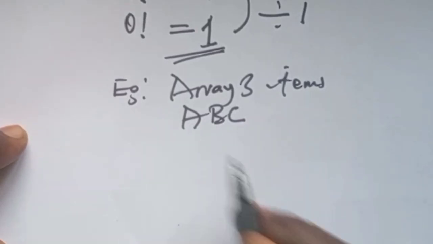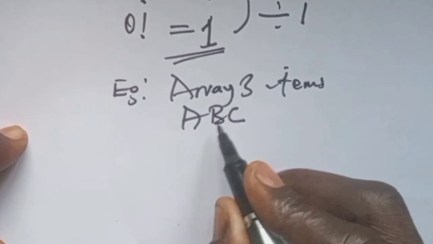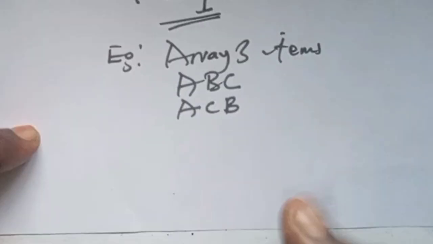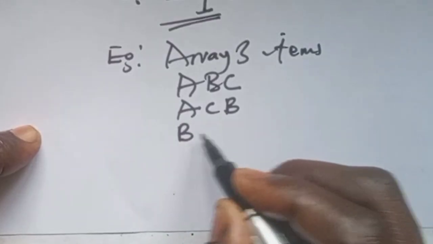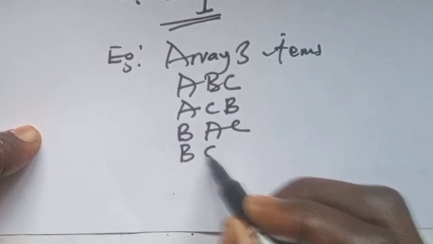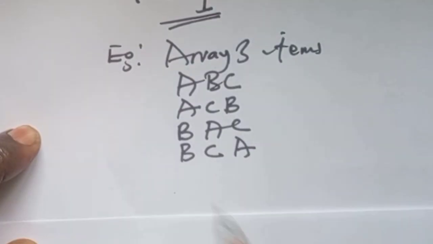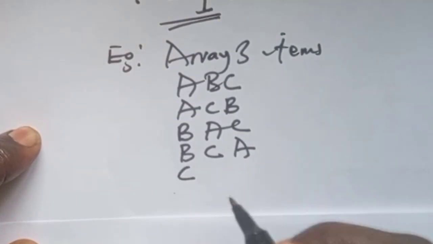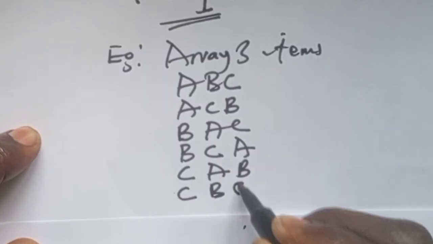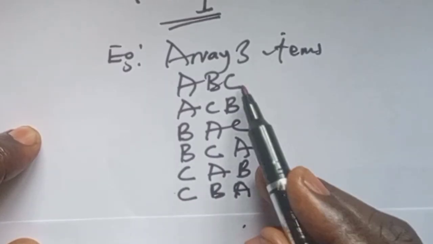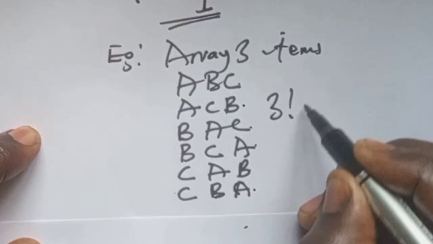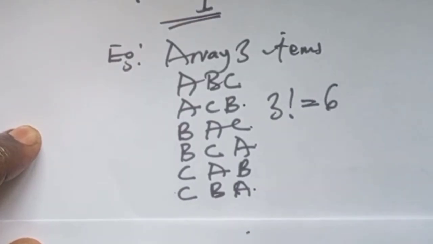We can arrange them as A, B, C and A, C, B. And also if we start with B, it becomes B, A, C and B, C, A. And if we continue, we can start with C and it becomes C, A, B and again C, B, A. Which is 1, 2, 3, 4, 5, 6. That is, 3 factorial is equal to 6.